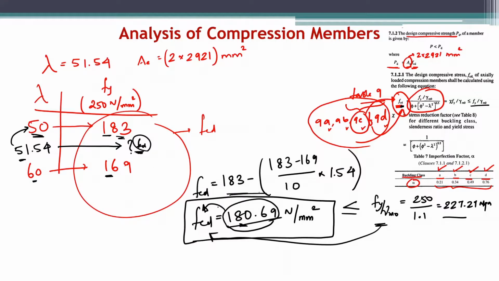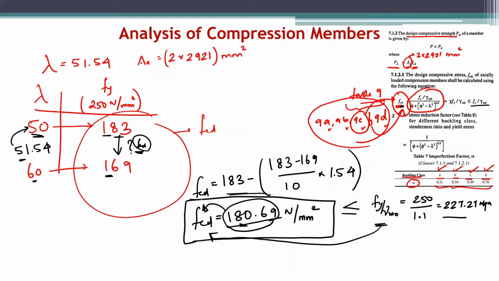The second check is that it should not exceed 183, because from 50 to 60 slenderness ratio, the value of FCD is decreasing. For 51, the value has to be less than 183. It should not be more than 183. Those things we need to check whenever we calculate FCD.